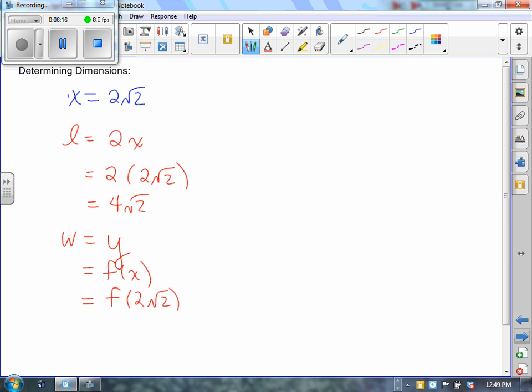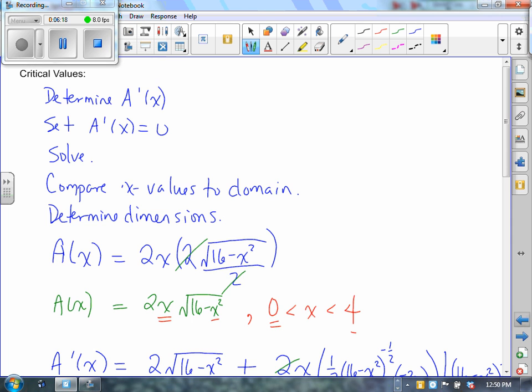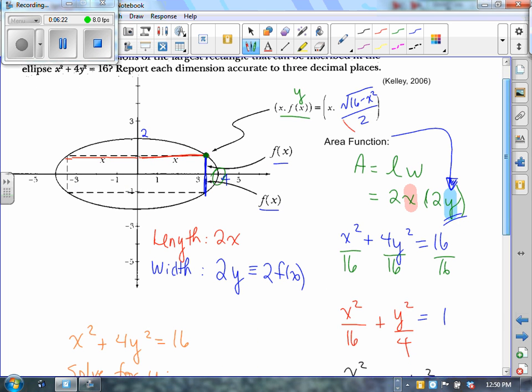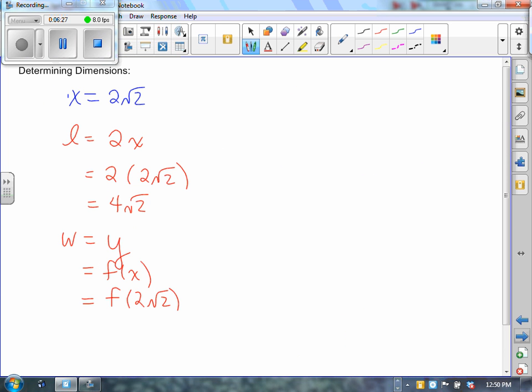If we go back to the expression we had determined for y, let's take a look. Here's the expression we had determined for y. So let's go ahead and evaluate f at 2 root 2. So it would be the root of 16 minus 2 root 2 squared, all over 2.